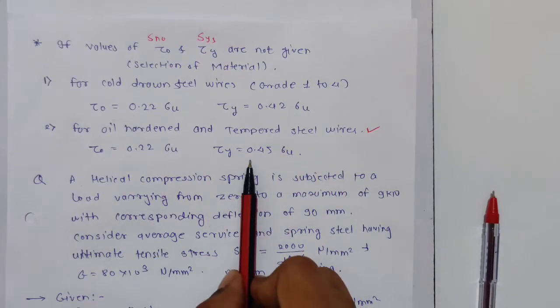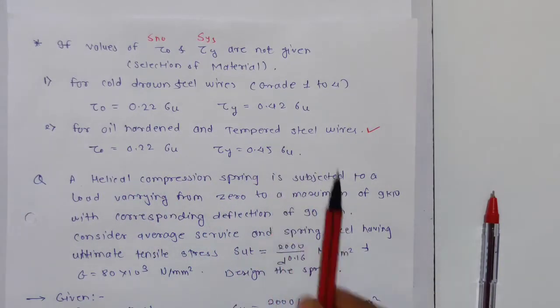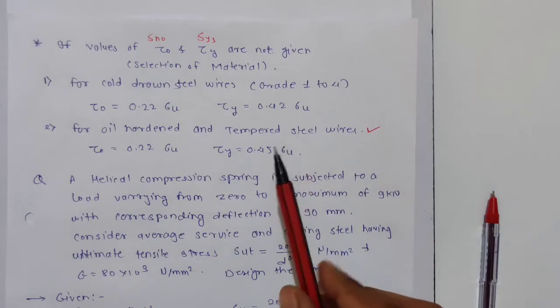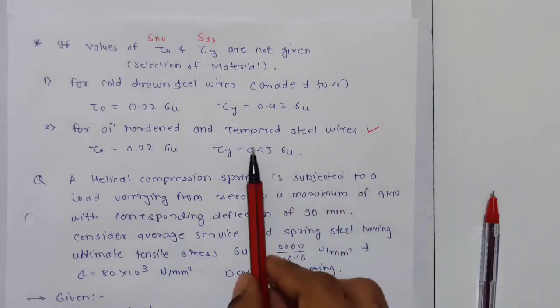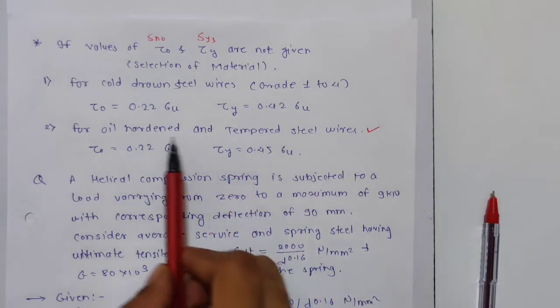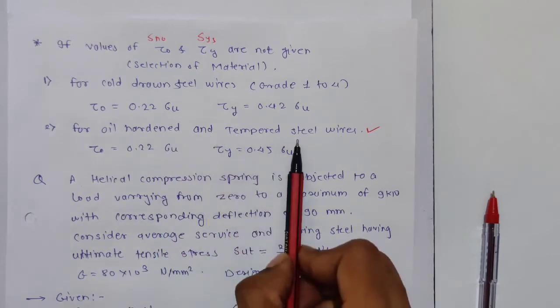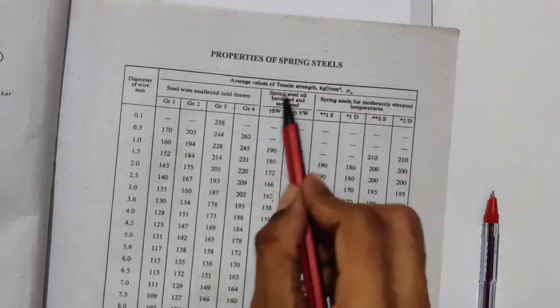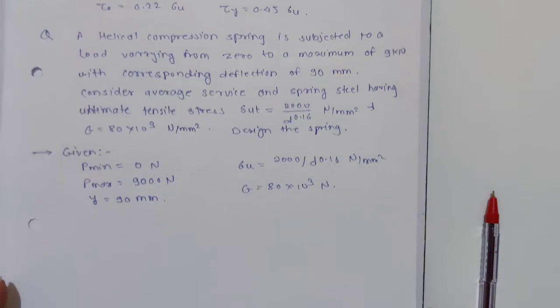It is not given in PSG, but in case it is not given in the problem, then you have to consider this. And remember this, oil hardened and tempered steel wires. So my material is this one, right? Okay, so let's move to the next question.